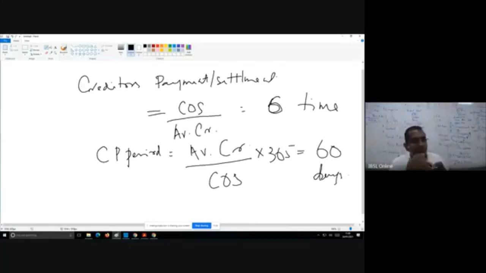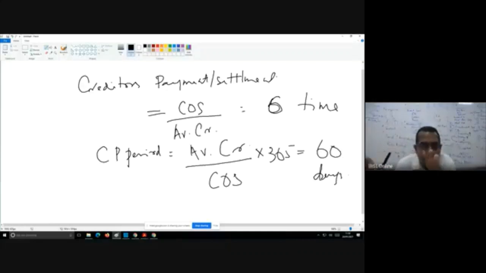On average, how many days you take to settle your creditors? Normally, in all other ratios, if the number of days goes up, that is worse, and if it comes down, that is better. But in this ratio, if the number of days goes up, that is better. That means you are utilizing your creditors. You are delaying your payment, so you have enough cash in your business.